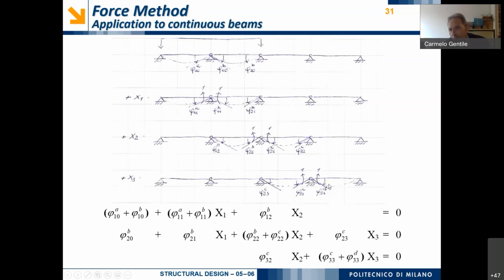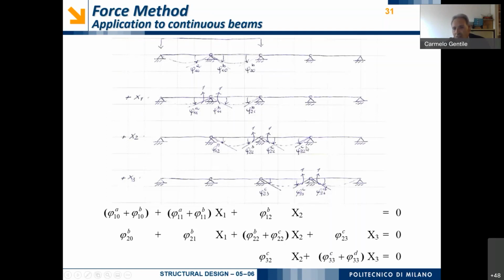Finally, we have to look at the last intermediate support, and we can observe that corresponding to the third intermediate support, there is no effect of the external load in this case, and similarly there is also no effect of the first redundant bending moment x1.